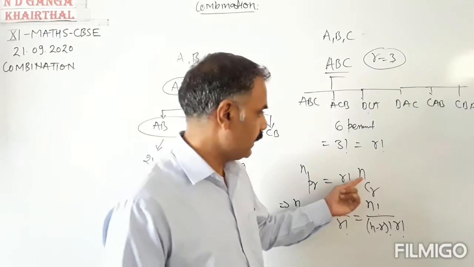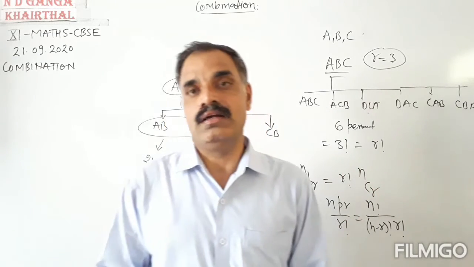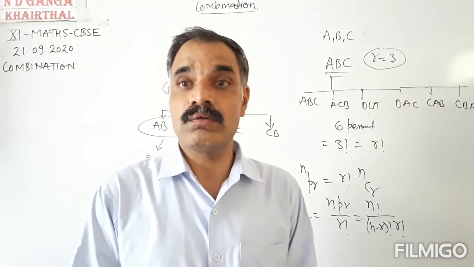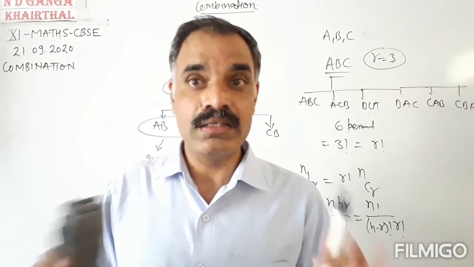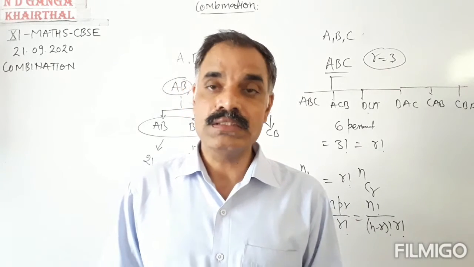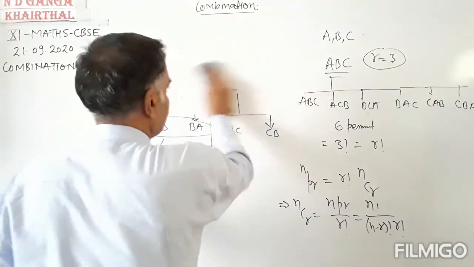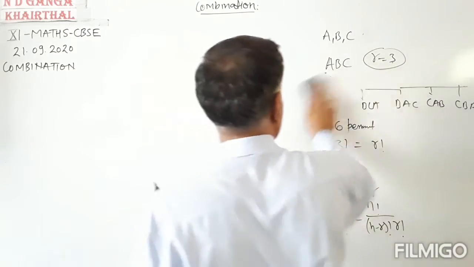Means nPr is equal to factorial r times nCr. Now we will look at some properties of combination. I think combination is clear to all of you. Combination means just selection.